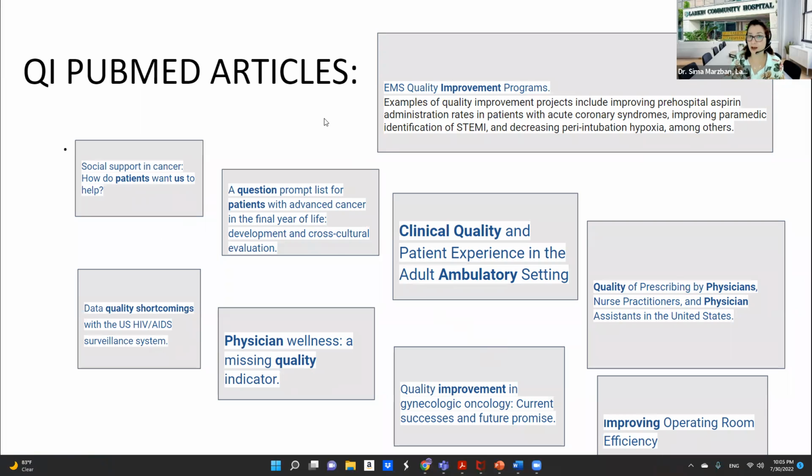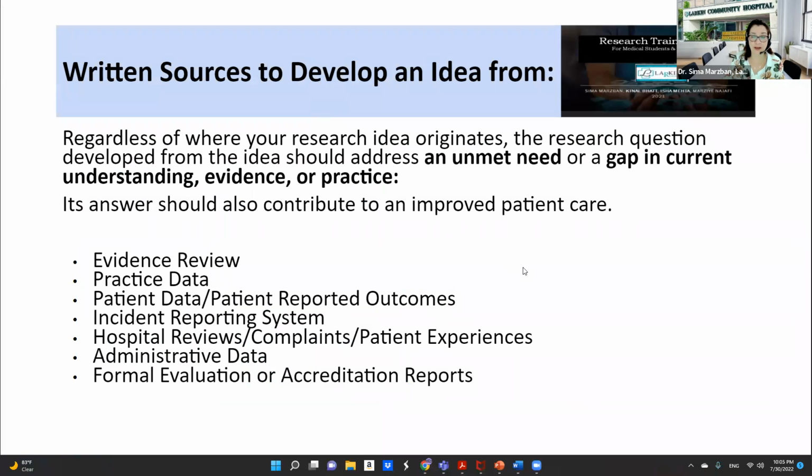So these are types of quality improvement projects that you can find if you search PubMed by the keywords quality improvement projects. And always keep yourself updated. So just select the recent 5 years, or 2020 to 2022. That way you won't go to articles from the 1990s.